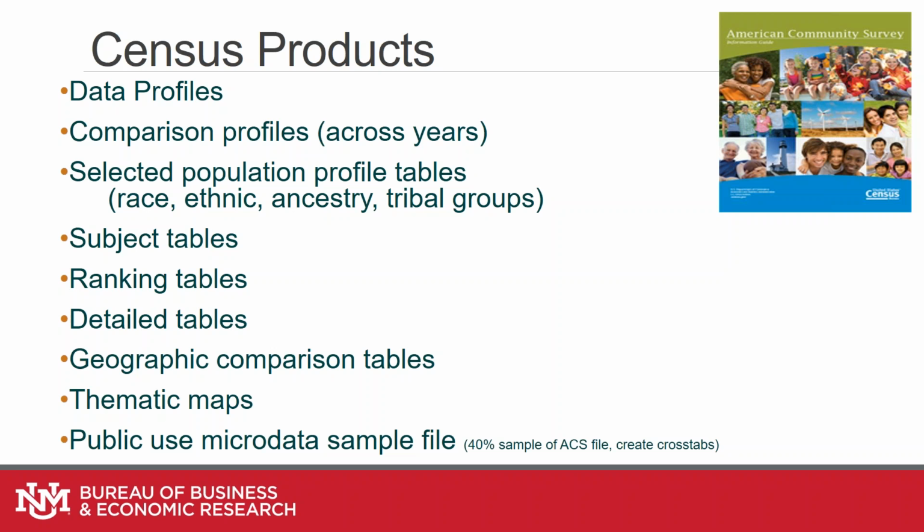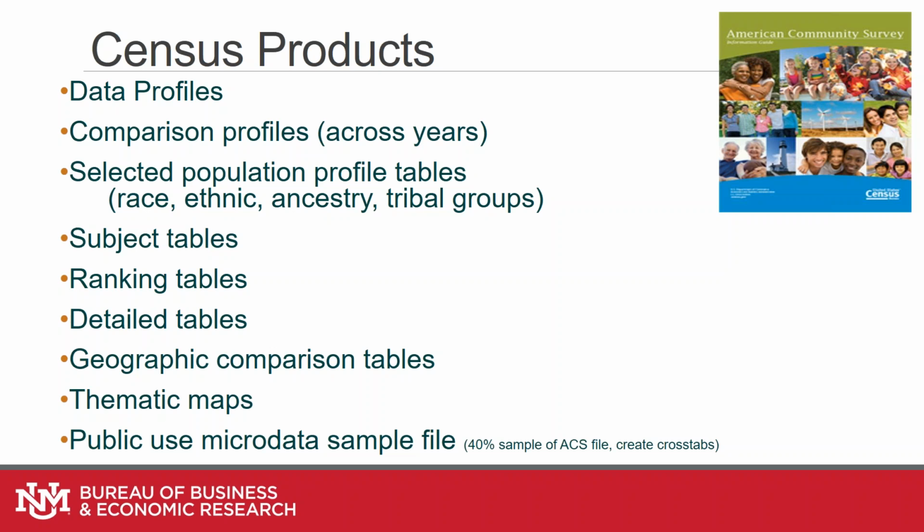Detailed tables differ from the data profiles in that a data profile will say for the population, males and females, here are the age groups. In a detailed table, you can actually look at male and female by single age, all the zeros, all the 1-year-olds, 2-year-olds, so that you can look at the very detailed breakouts by age, whereas at a data profile level, you're going to have them grouped.